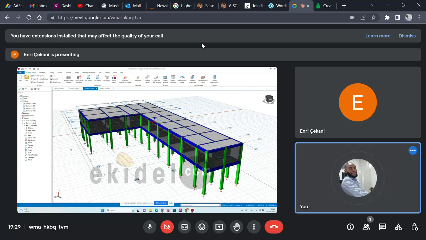Then also, when we talk about earthquake design or seismic design, we also talk about capacity design. The goal of capacity design is to protect the important elements like columns and non-ductile elements.